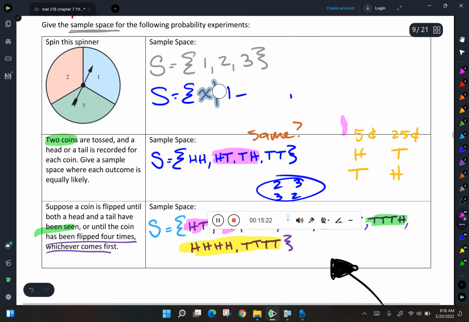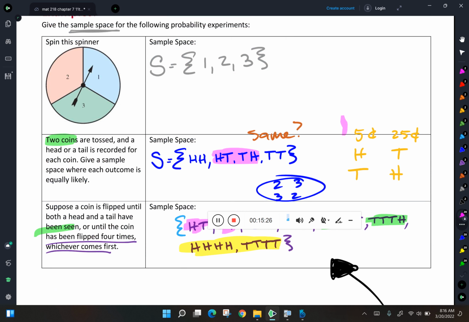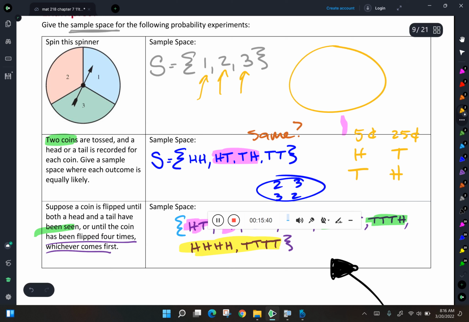Now, we don't need this one, so I'm going to go ahead and get rid of it. But what that means is that spinning a 1 or spinning a 2 or spinning a 3 has the same chance of occurring. When you look at that spinner, you'll see that the spinner pieces appear to have the same size. Now, that would not be true if our spinner had been set up like this, where piece 2 would be way too big, so it wouldn't have the same chance of occurring.